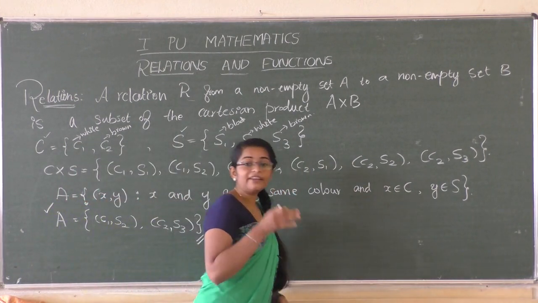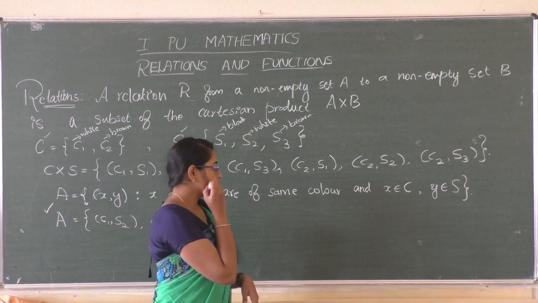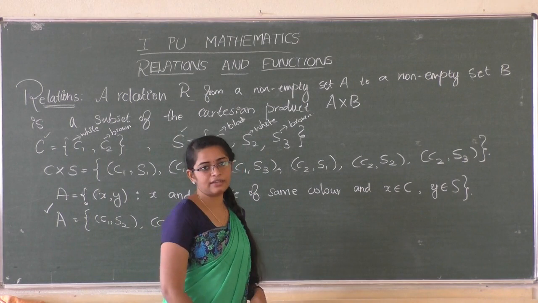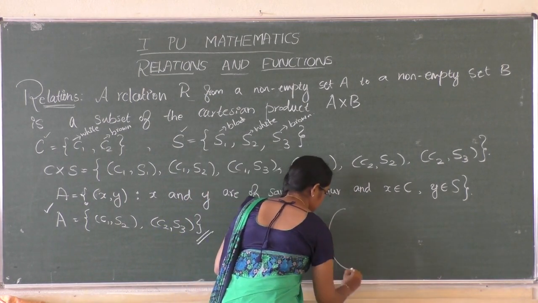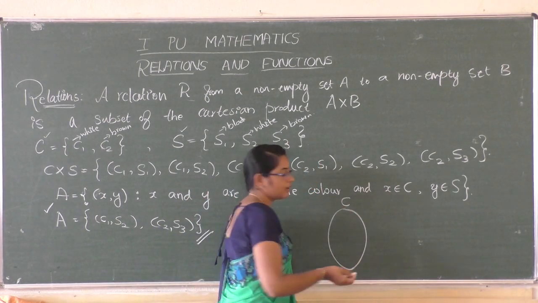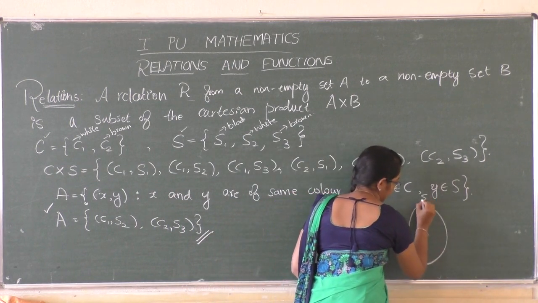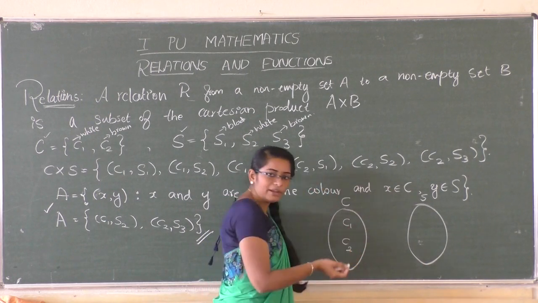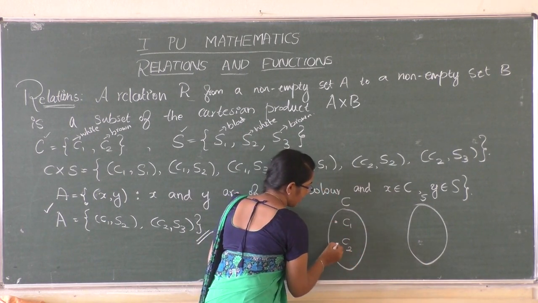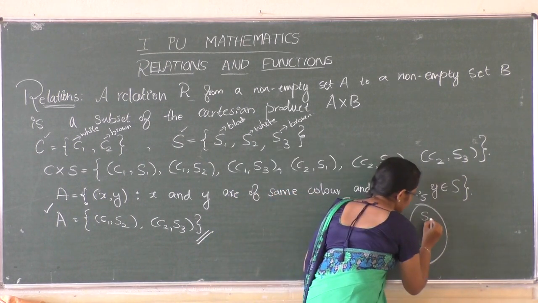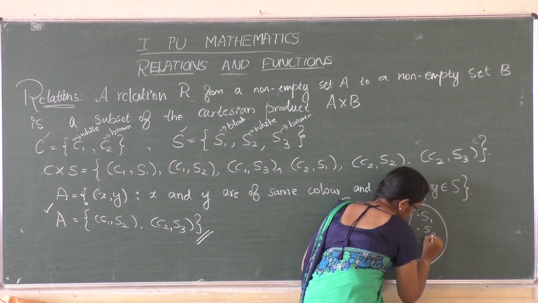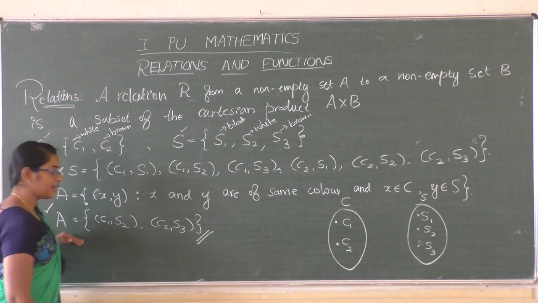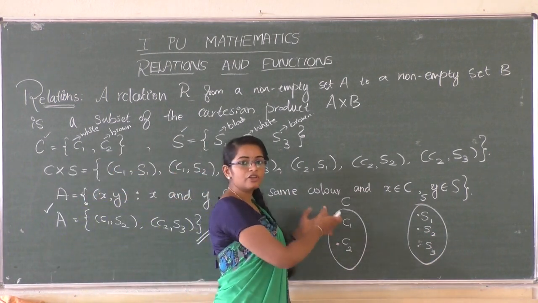Now I can represent this in visual form. Visually, how can I represent this? See, if I have a set C and a set S, in C I have C1 and C2, two elements, and in S I have three elements, S1, S2 and S3. Okay, I will represent this relation in the visual format. How?